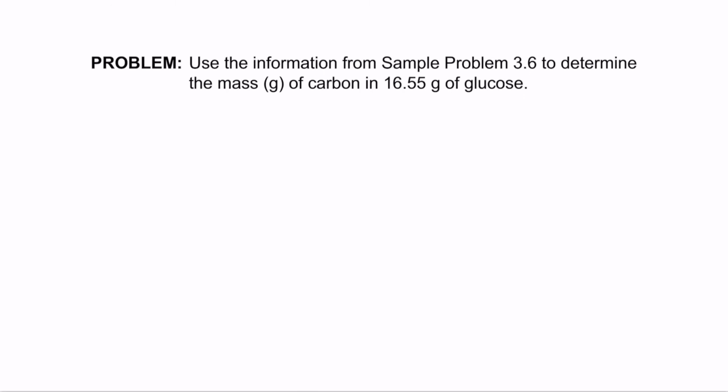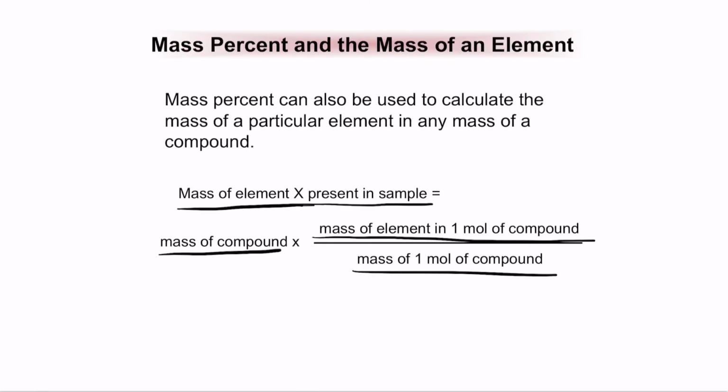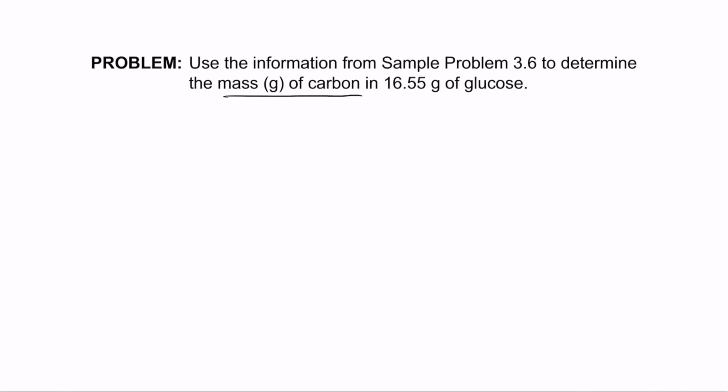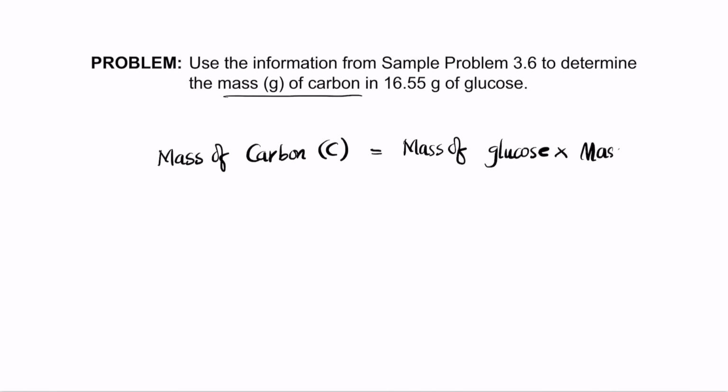Let's take the same glucose example. They are asking you for the mass of carbon. So remember the formula: mass of element present in the sample is mass of compound times mass of element over the mass of compound. So they are asking you for the mass of carbon, which can be given by the mass of glucose times the mass percentage of carbon in glucose.